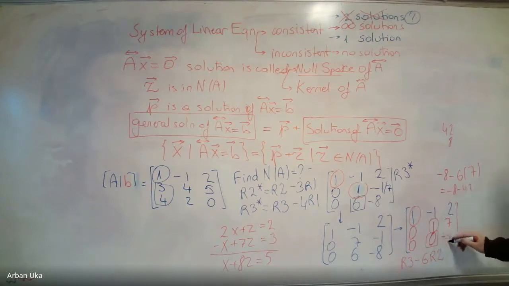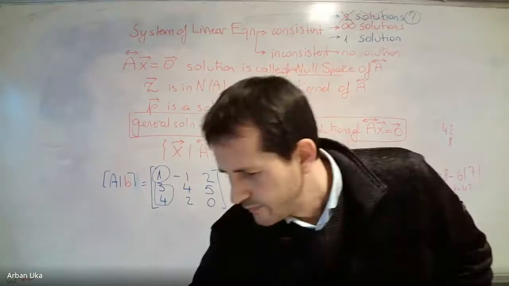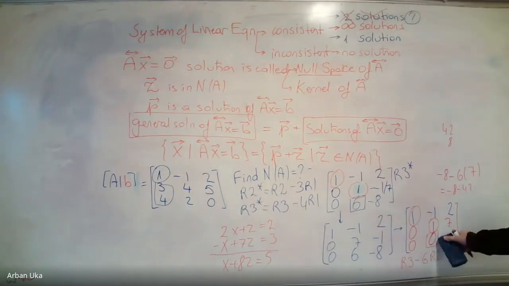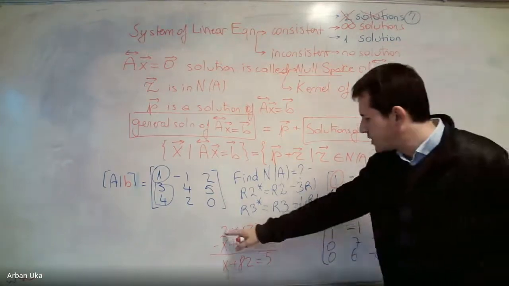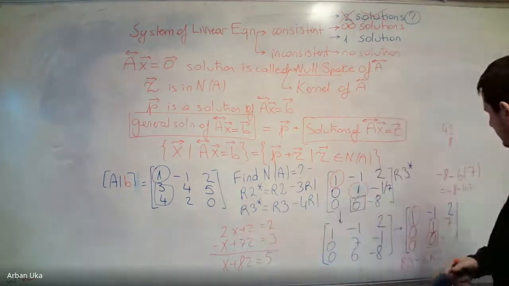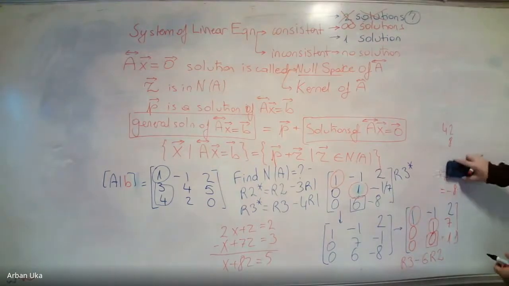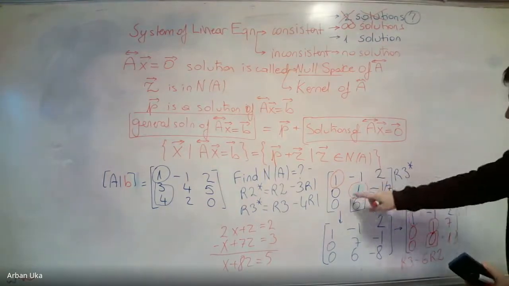This is minus 50. But if this is minus 50, we can divide by 50 and we can write here a 1, okay? We can write here 1 because we can divide any equation here by a constant. Then if we have here 1, we can continue this path, okay?